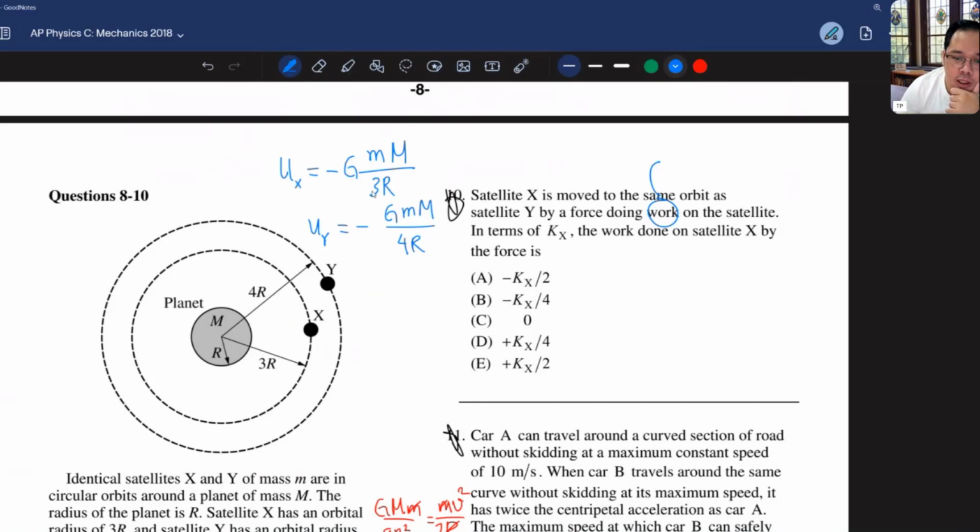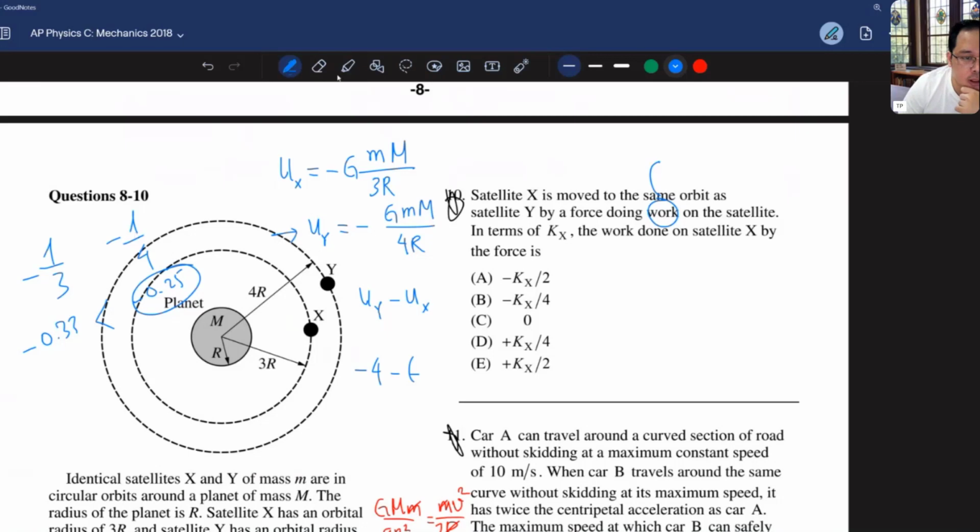So when we compare the potential energy, taking Uy minus Ux, like minus 1/3 compared to minus 1/4, which one is greater? 1/3 is about 0.33, and this is 0.25. So this one is greater, meaning the potential energy at orbit Y is greater.